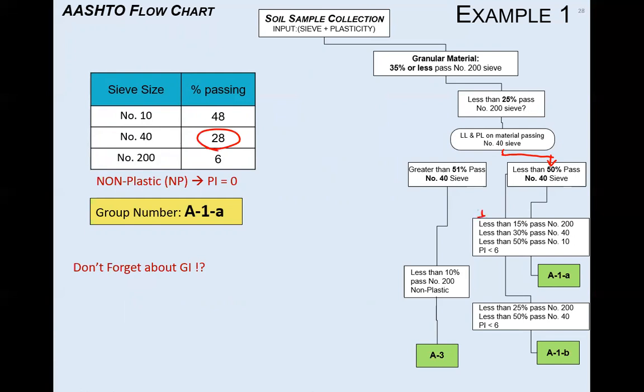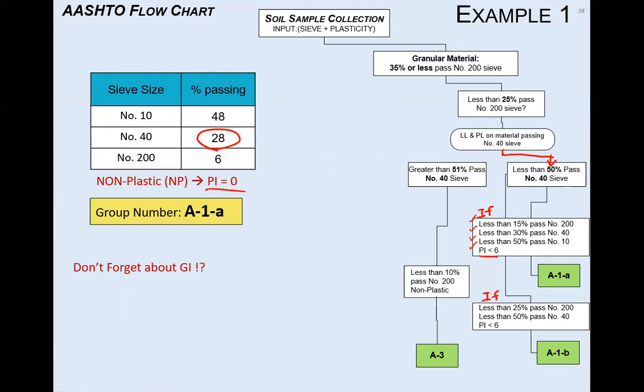Read these as if statements. If there is less than 50% passing the number 200 sieve, and less than 30% passing the number 40 sieve, and less than 50% passing the number 10 sieve, and the PI is less than 6, and so the PI is less than 6 here. If it checks all of these boxes, then we can call it an A1A.